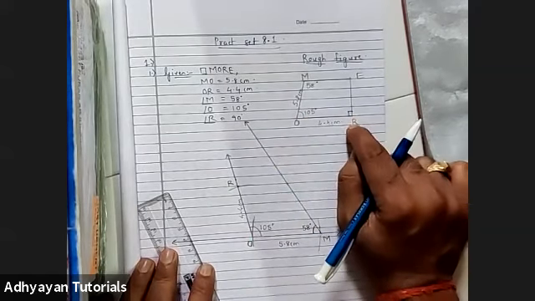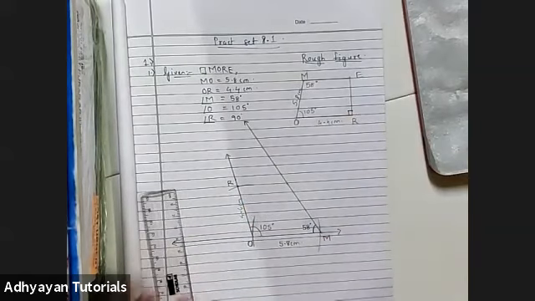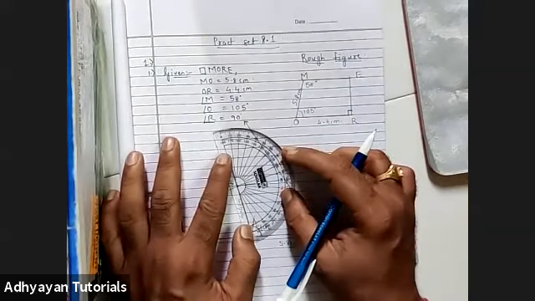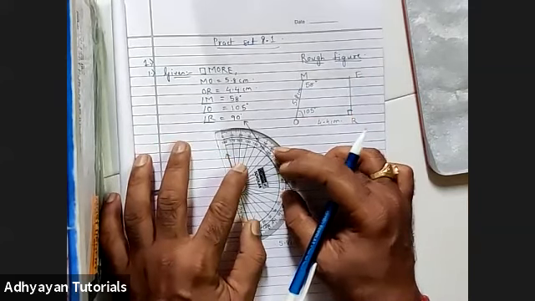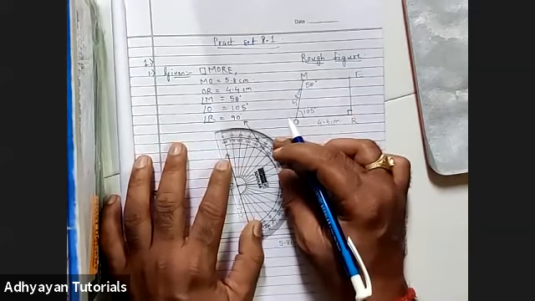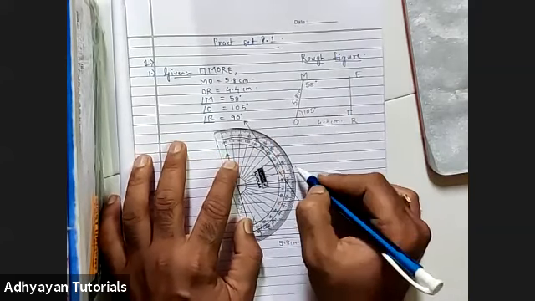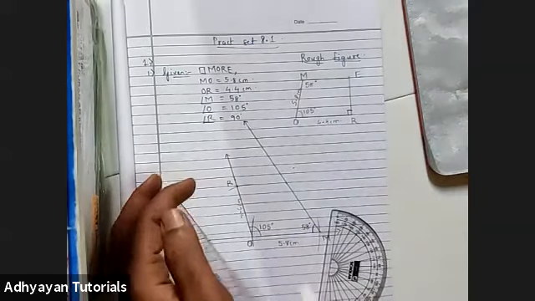Now angle R, you just have to take the measure as 90 degree from angle R. The question is, how do we take the measure as 90 degree? Very simple. You place this D right here at point R, right? And then the measure which we have to take, children, is 90 degree, which is right here, and we connect it.